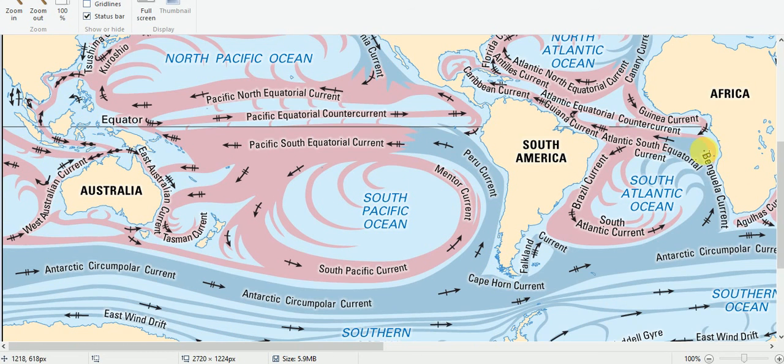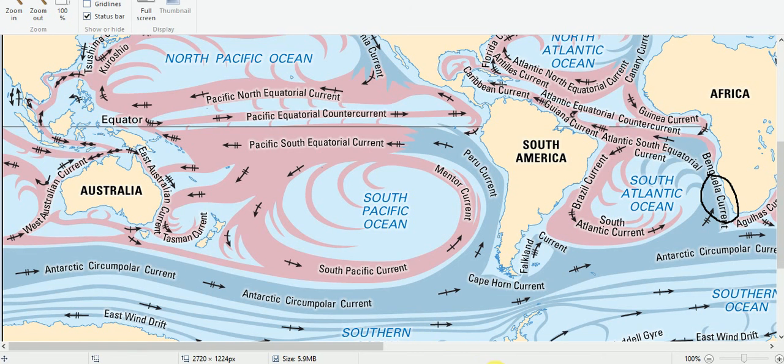And likewise another place, for example the western coast of Africa. Here the cold Benguela current is striking this area, and that is why the temperature of this coastal area will be lowered and there may not be rainfall. So in this way, ocean currents also affect the temperature of a place.